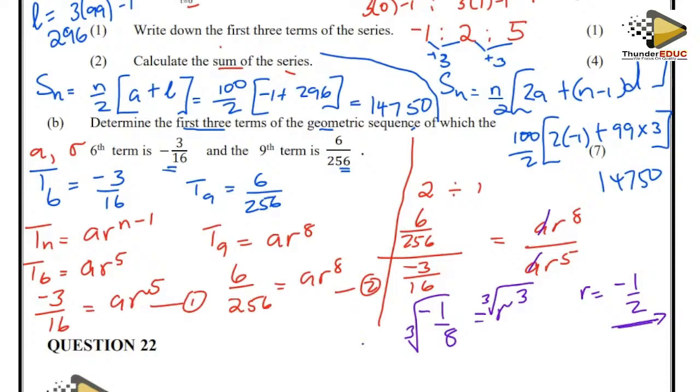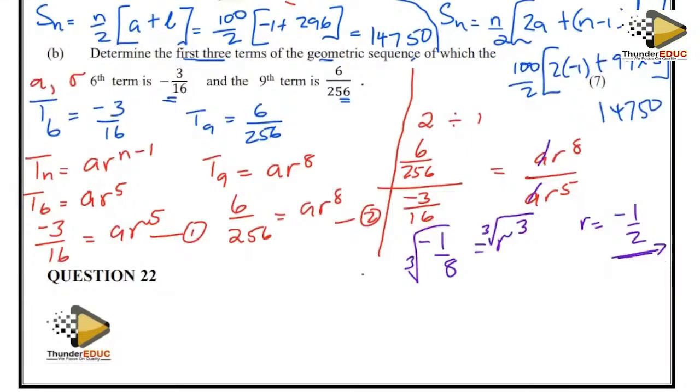Then having obtained the r, you can write it as negative a half or negative 0.5, no problem. Then we can find the value of A by using one of the equations, either equation 1 or equation 2. So let's say I use equation number 1.